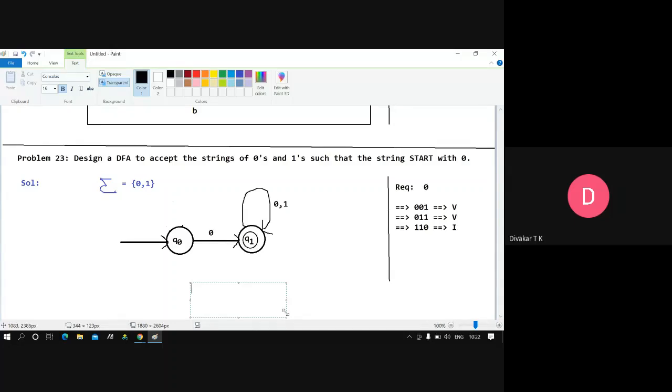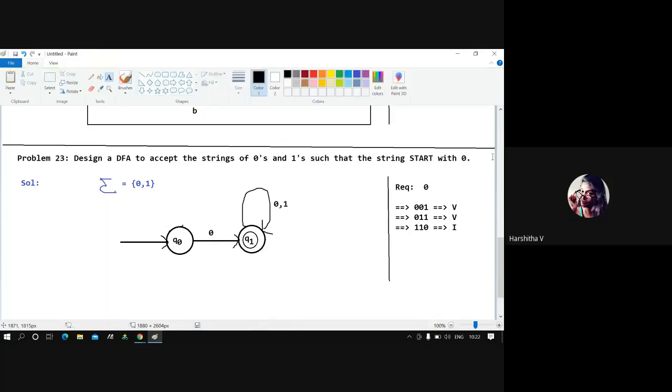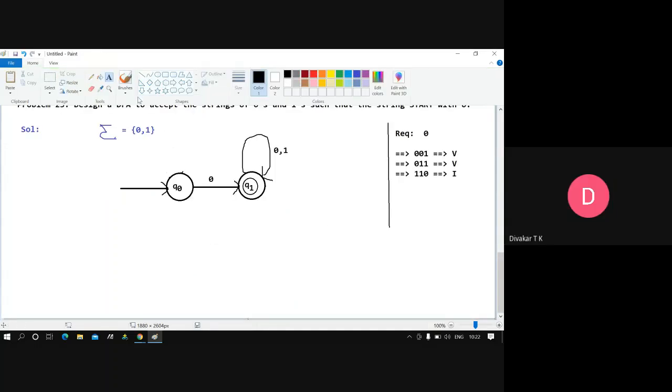What does the state mean? Sir, if we make Q0 the final state. Okay, Q0, I'll make a final state. Then it is null, no? But my requirement is that symbol 1 should be passed.